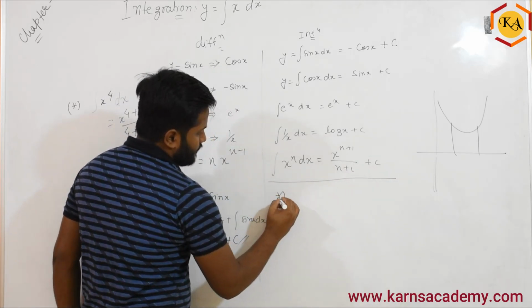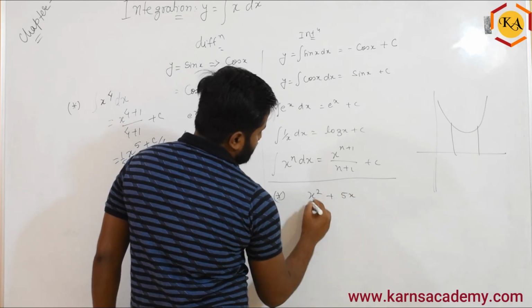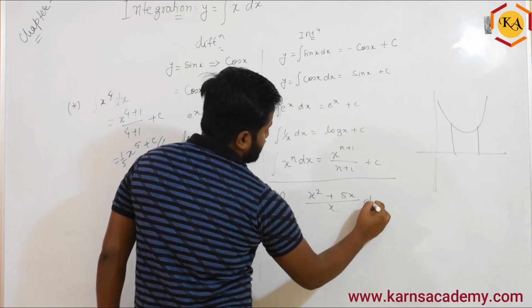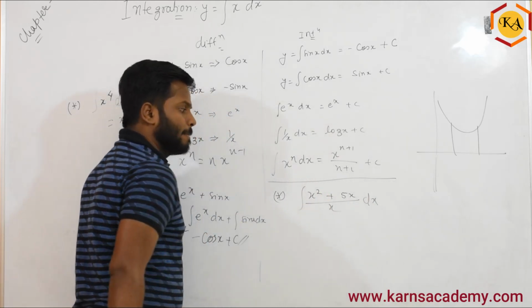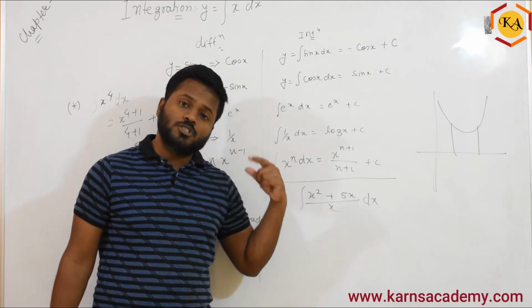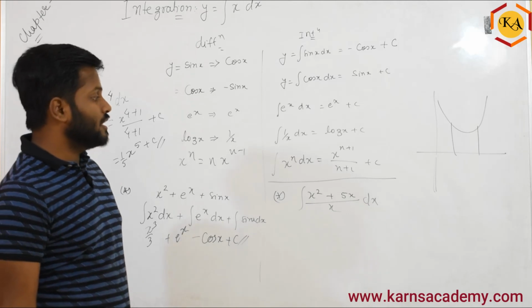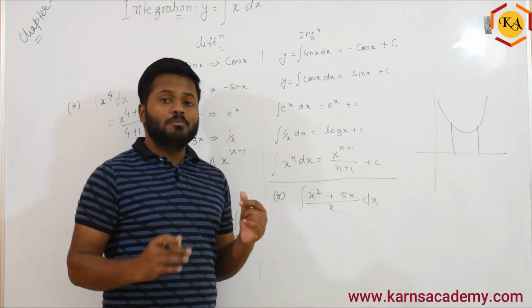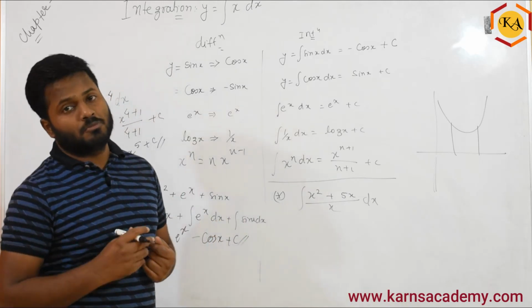Let me write over here, integration of x square plus 5x by x dx. Let me write the complete question. If this had been differentiation, you could have applied the quotient rule, right? But since here there is no quotient rule, we first have to simplify this and bring it down to the normal problem.